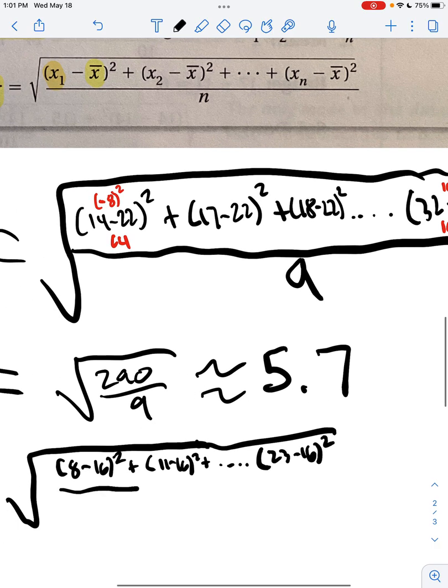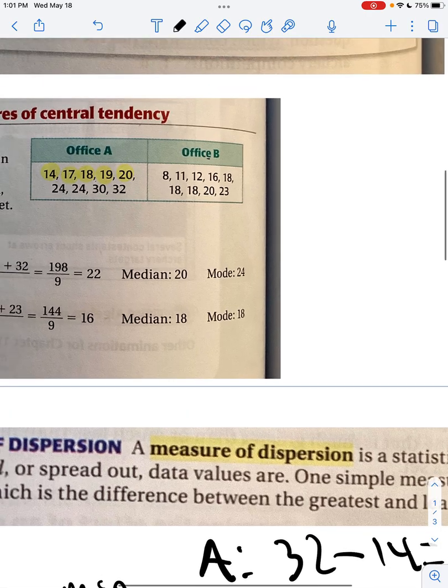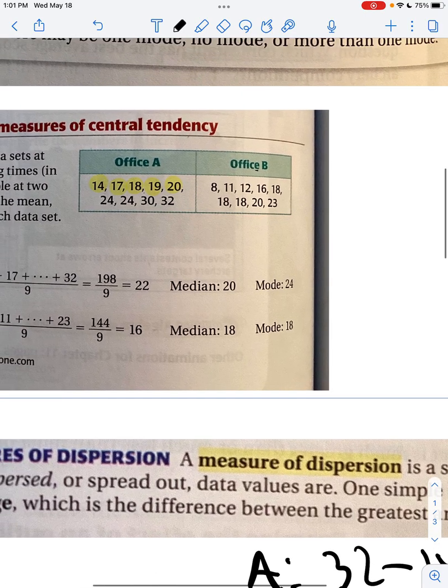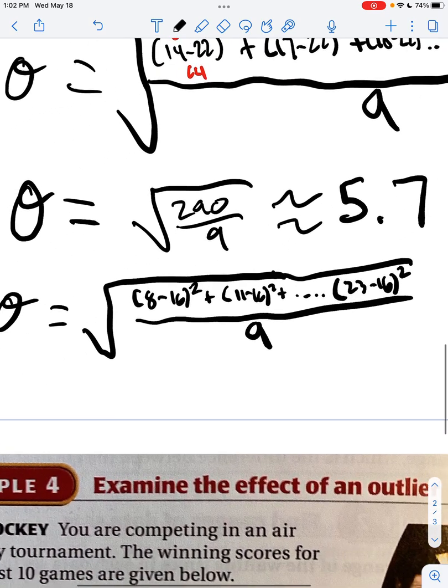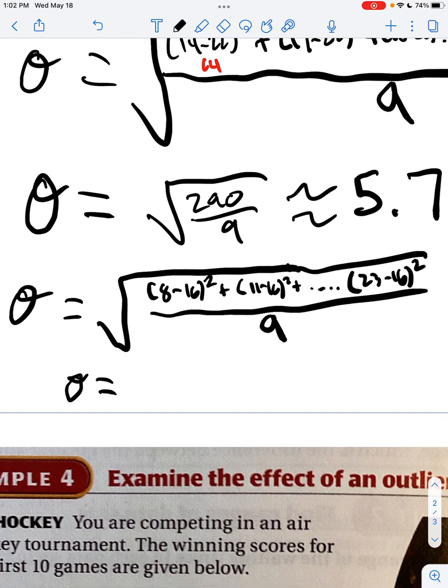And this time, I believe we had a total of 9 data points as well. So divided by 9. So when I simplify this, I end up getting the square root of 182 over 9, which gives me about a standard deviation of 4.5.